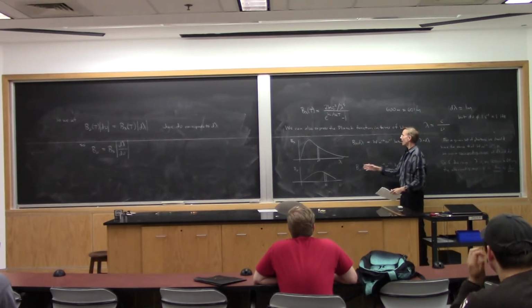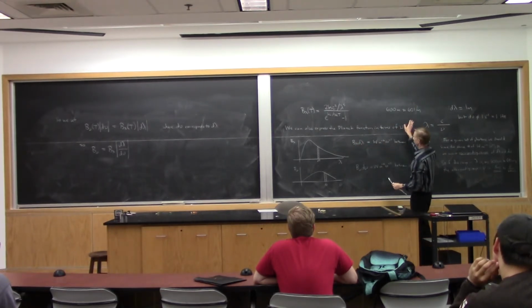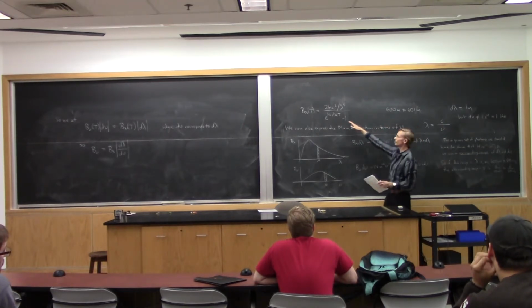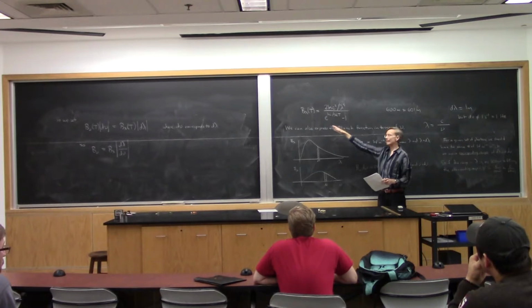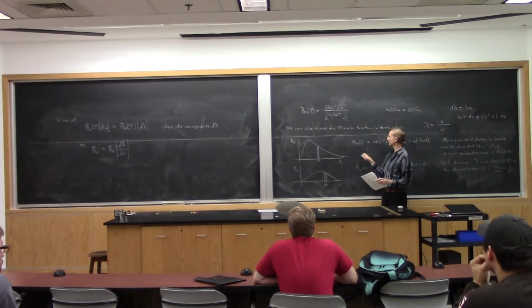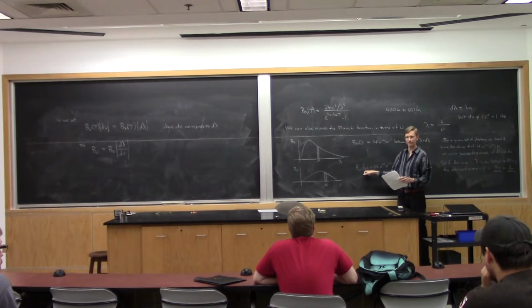So if I just substituted the C over nus for all the lambdas, I can't just multiply by 1 hertz to figure out how much radiation is coming in this 1 meter range of wavelengths. I can't say, well, that's a 1 hertz range of frequencies. It's some different range of frequencies.